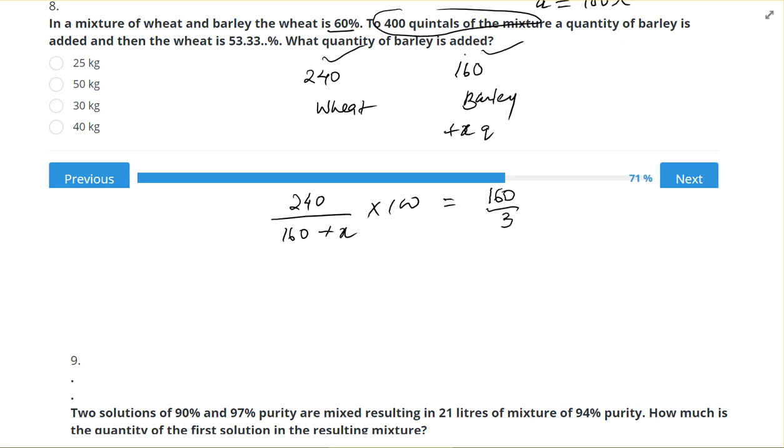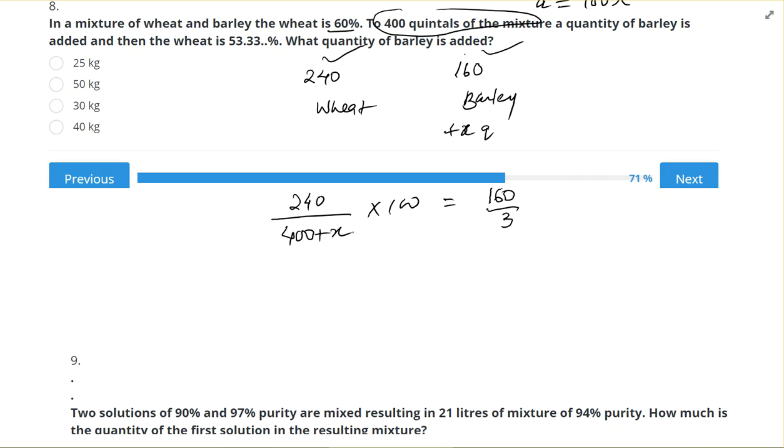Say X. So total will be, there's a blunder. Total will be 240 plus 160 plus X. So it will not be 160 plus X, it will be 400 plus X. Now it is correct: 240 by 400 plus X into 100.